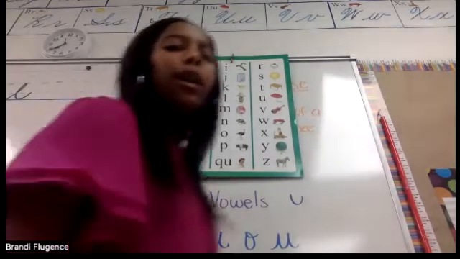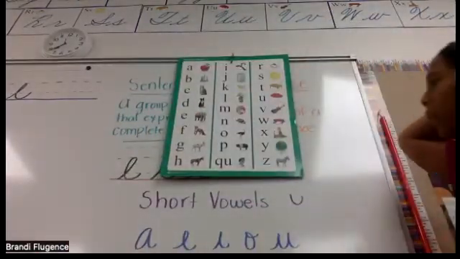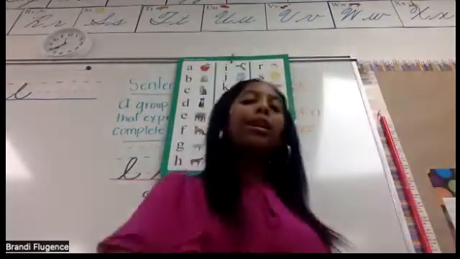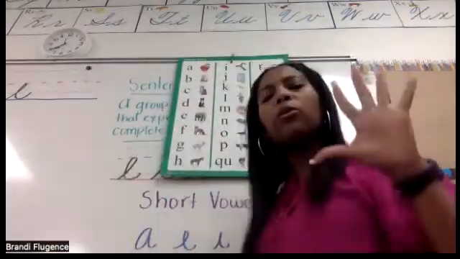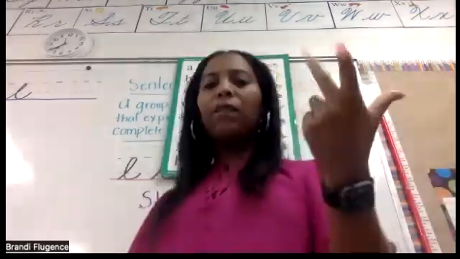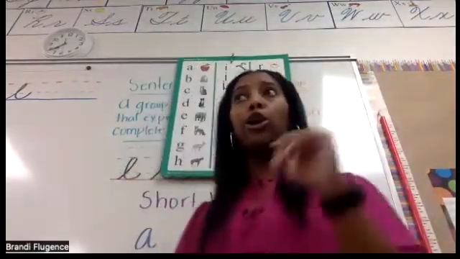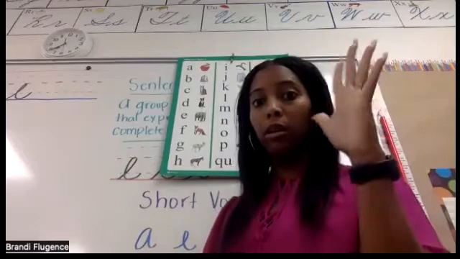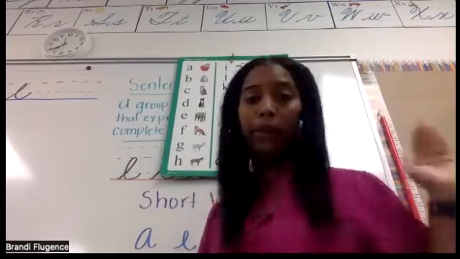All right, so these are our alphabets. We have 26 letters in the alphabet. We have 21 letters that are consonants. And does anyone know what those 5 are called? There are 5 letters that have a special name because you'll find one of them in every single word.